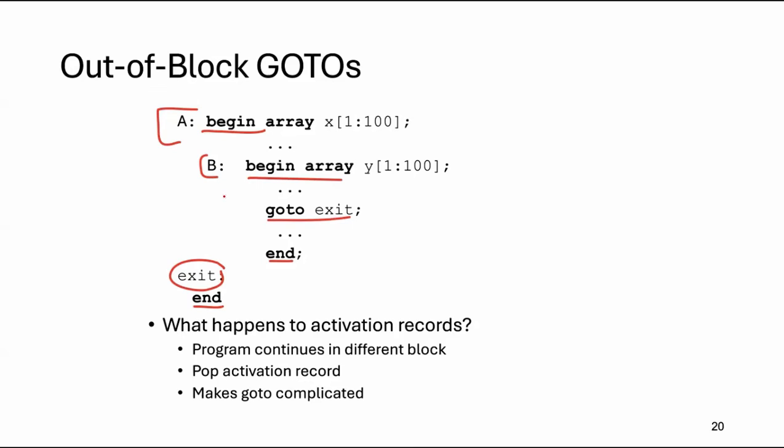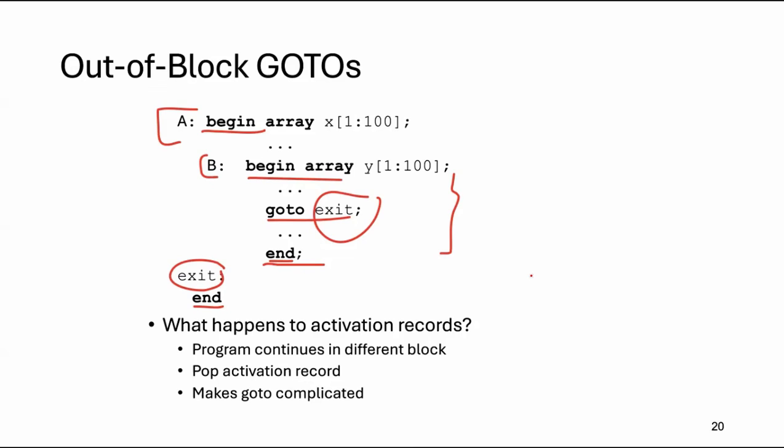Now, what would happen when we have a go-to that goes outside of the block? With the go-to exit here, we didn't end that block yet. We are still inside that block. The compiler didn't yet find the end matching the begin that we currently have. So when we have this exit, what is going to happen to the activation record for block B?